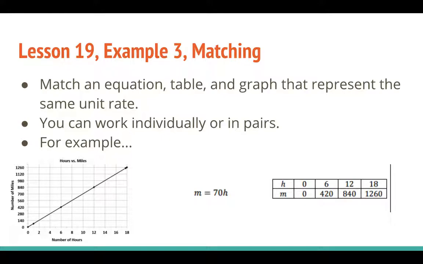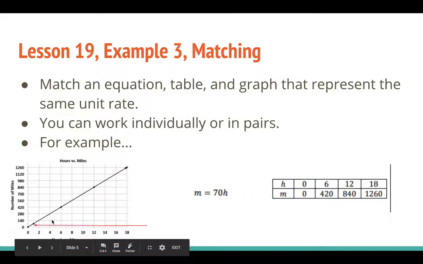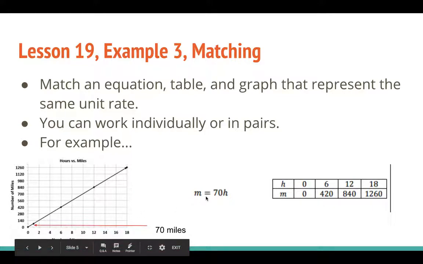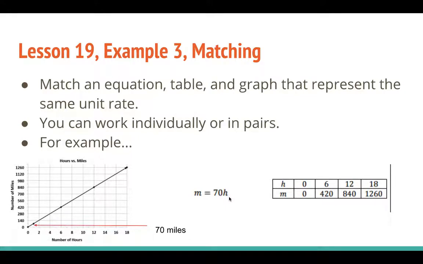And here's an example. We have these 3 here. You'll see down here that represents 70 miles, because it's halfway between the 0 and the 140. That's 70 miles. This tells us miles equals 70 times the hour.